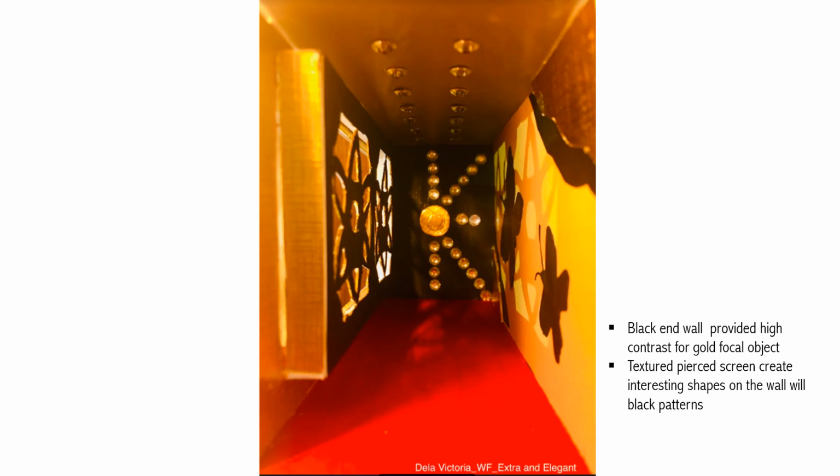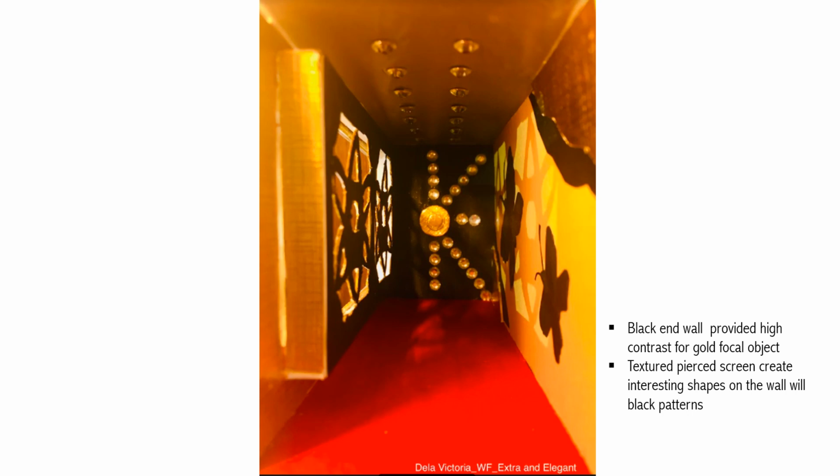So next, this one. The black end wall provided high contrast for the gold focal object. We see here the textured pierced screen on the left create interesting shapes on the wall with black patterns. We see the black patterns perhaps of simplified butterflies. On the right side, there are also flowers.